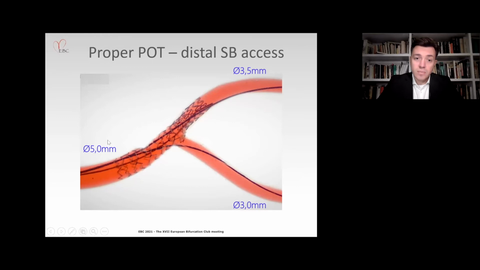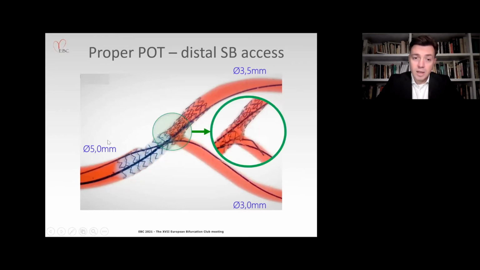What you now see after performing optimal POT, the wire still preferably goes through the proximal cell. However, we gave ourselves the chance of rewiring through the distal part, as you can see now. So once again, performing POT requires meticulous proceeding, and it may require more than one inflation.